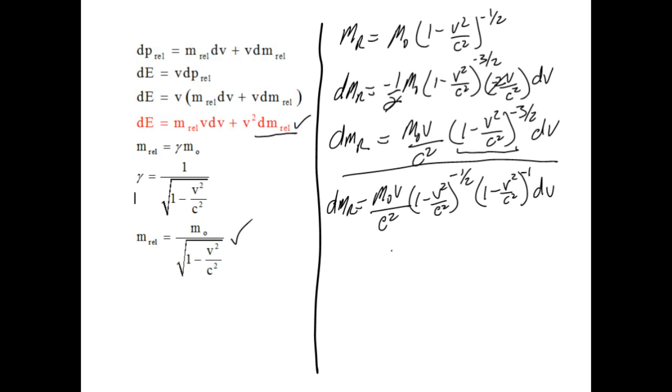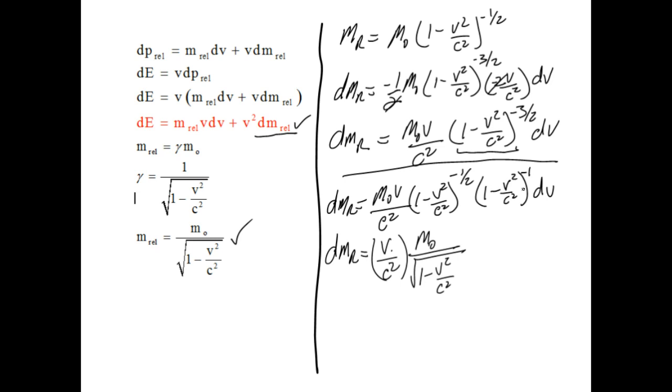Okay. Now, what I want to do is rewrite this again, so I can make these equations easier to handle. So I have change in relative mass is equal to v over c squared, put a parentheses around that, times m naught divided by, well, this term raised to the minus 1/2 is just the square root of 1 minus v squared over c squared.